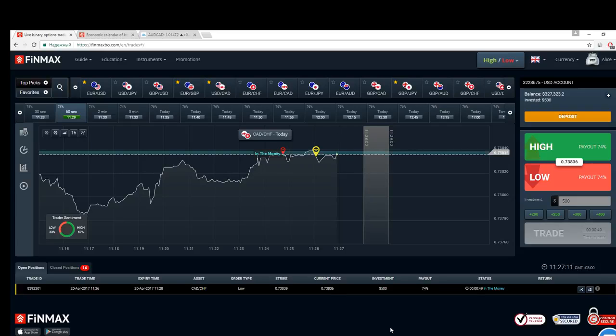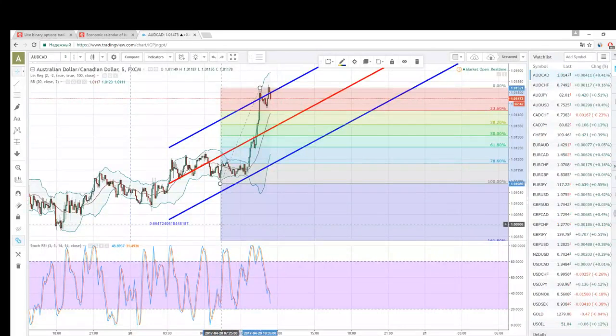Okay, one active trade left. For now, there have been opened like 14 of them.